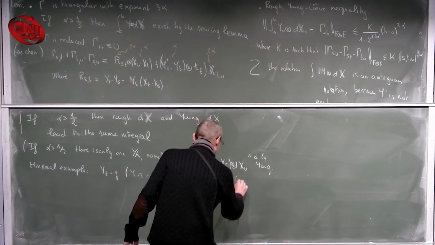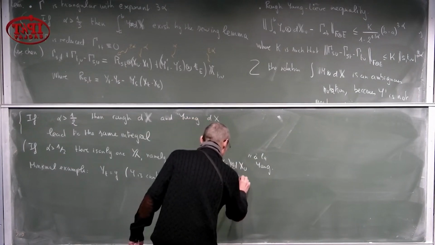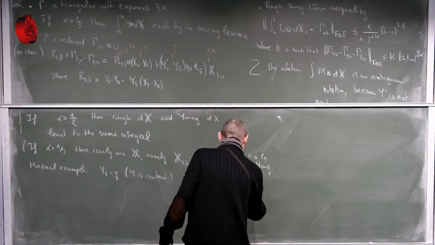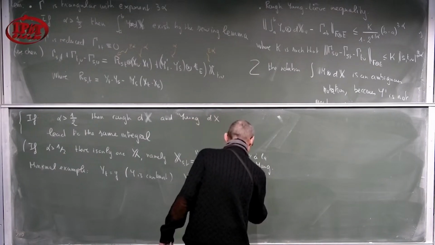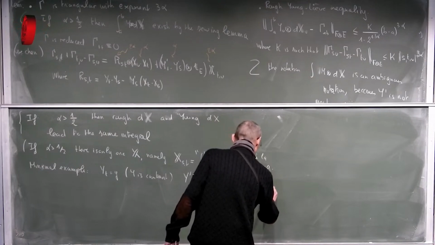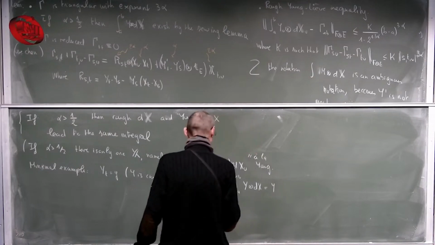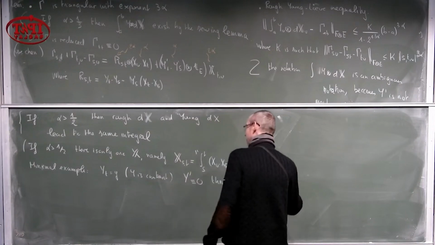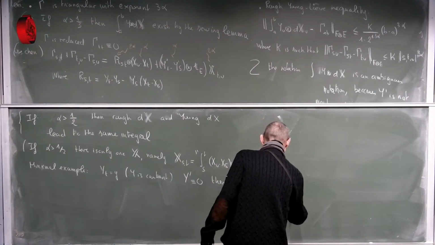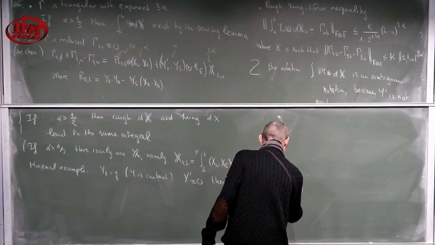Then the rough integral from a to b of y dx is equal to little y times xb minus xa.